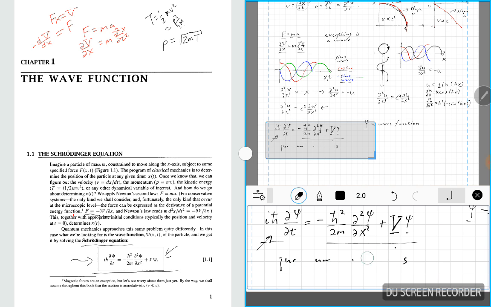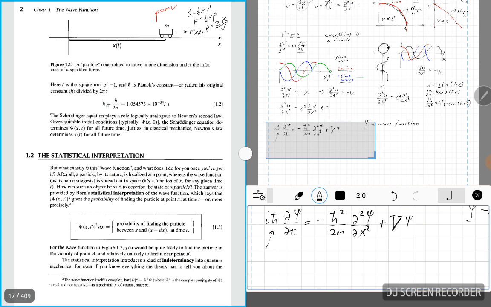So let's look at a little bit more detail of this guy. And I can go into more detail about where this comes from, though it is not a direct derivation. It's more of plugging in an example and seeing how that works. So here we have Planck's constant.